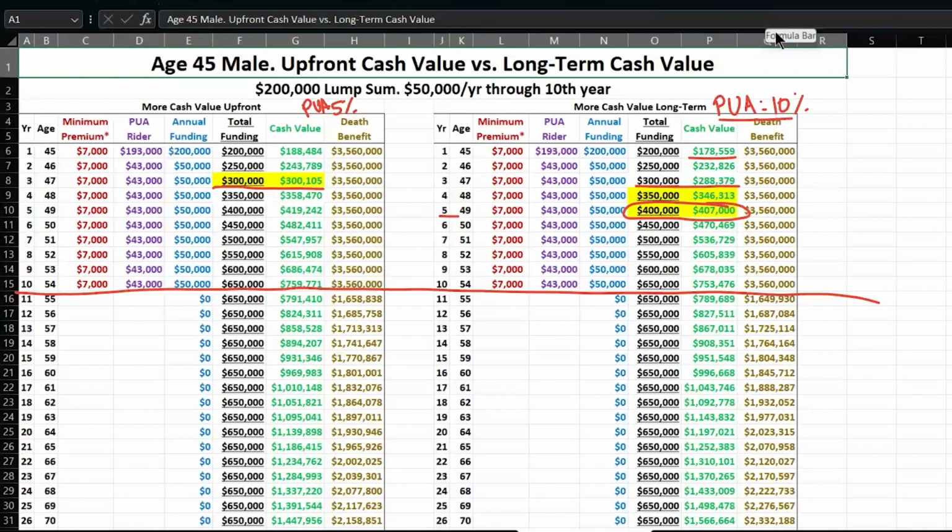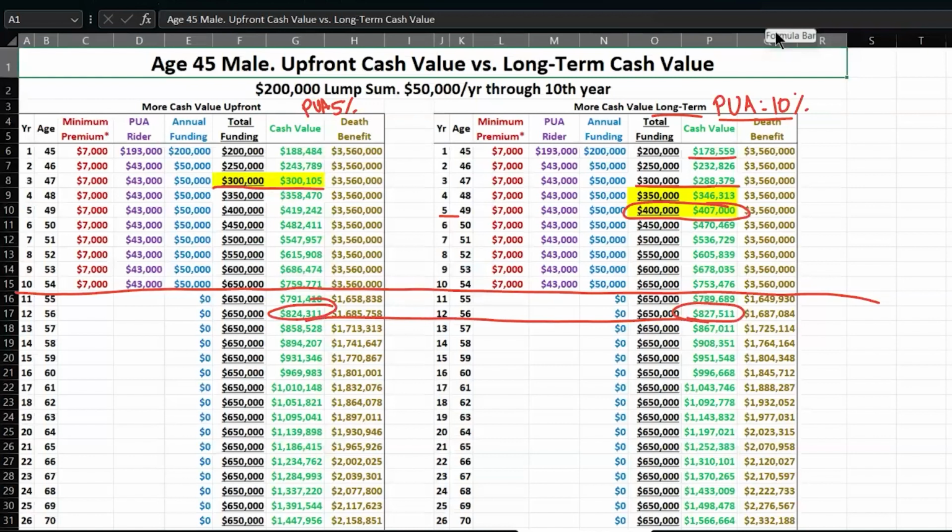Typically, it's between years 10 and 12 or 10 and 13, where we see the long-term version illustrate more value. And do we see that here? We do. So by year 12, that's your first year where you've got more cash value in the long-term version than what you have in the upfront version.